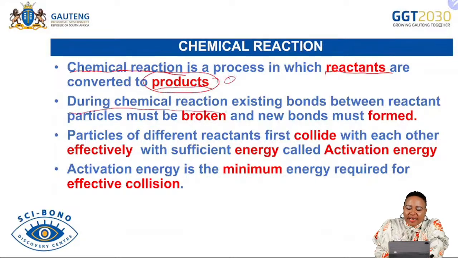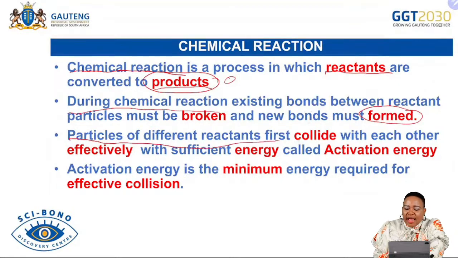And during a chemical reaction, existing bonds between the reactant particles must be broken and new bonds must be formed. Because if the bonds are not broken, it means there are no new bonds that will be formed. So to say you have undergone a chemical reaction, there must be bonds that are broken so that new bonds can be formed.